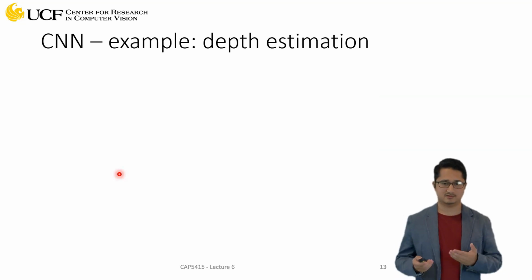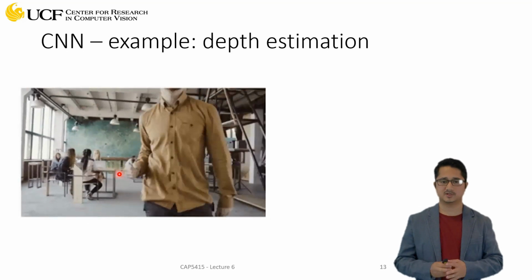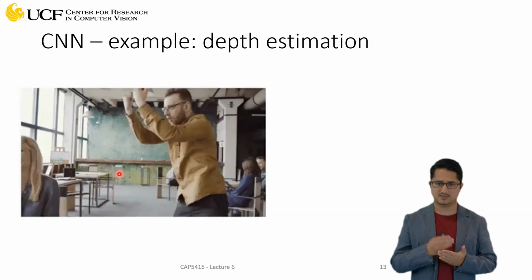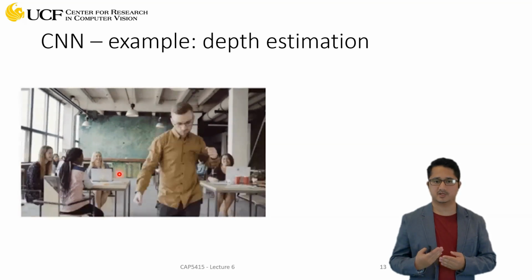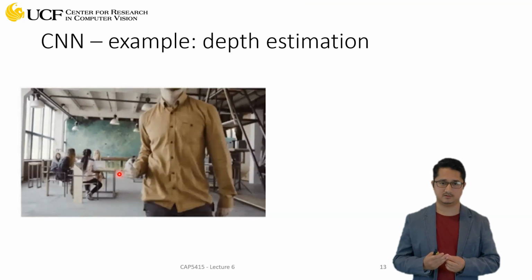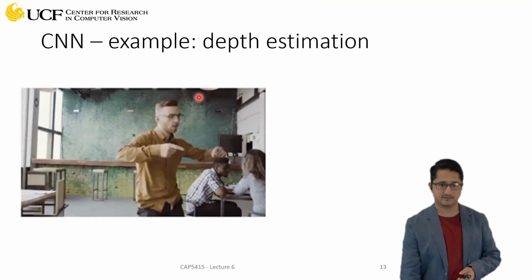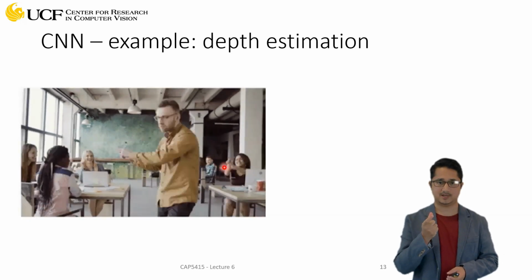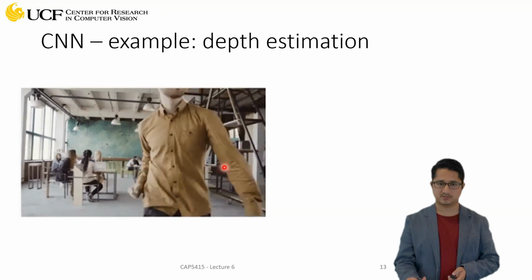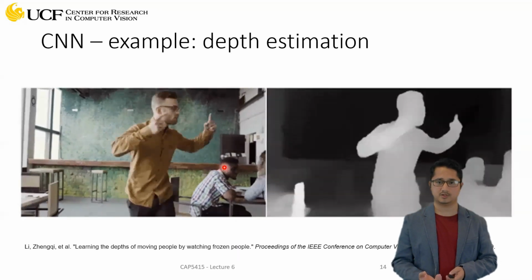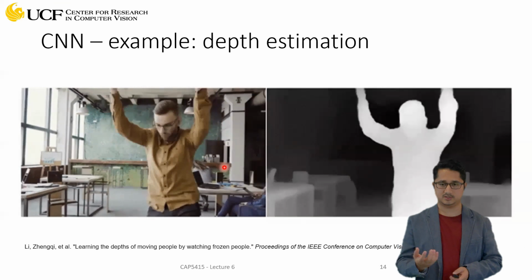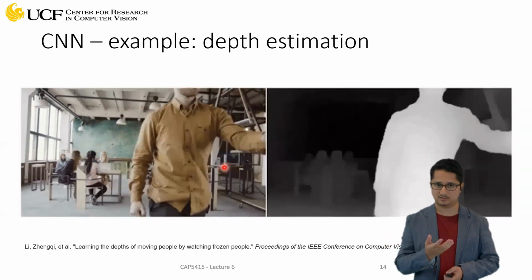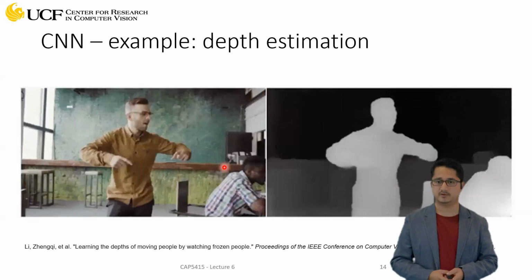But if you look at the results, I will show you one simple example. The problem here is, given a monocular video, can you estimate the depth of each pixel? Whatever pixel you choose, can you tell how far that pixel is from the camera viewpoint? I will show you an example of how a CNN-based model can do a pretty good job. The animation on the right shows the depth of each pixel, and if you compare that with the input video, it's doing a very good job.